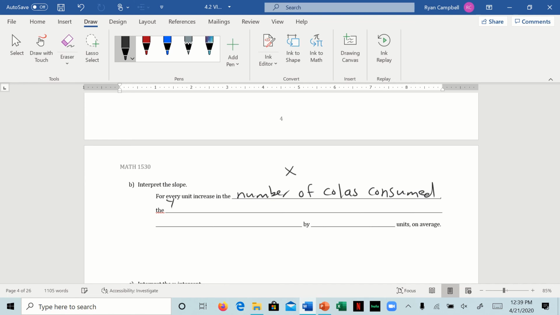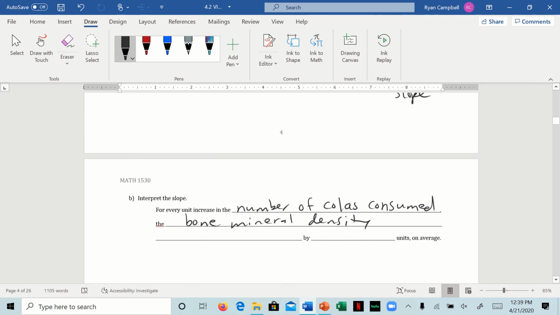Now we have the y value, the bone mineral density, will blank by how many units? This will either increase or decrease. We see that our b is negative 0.00234. Since it's negative, it's going to decrease by 0.00234.